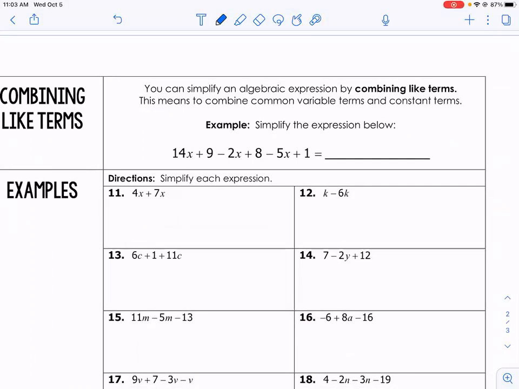What I want you to do first is box the variables and circle the constants. Just that 14x plus 9, you're just circling and boxing and stopping.